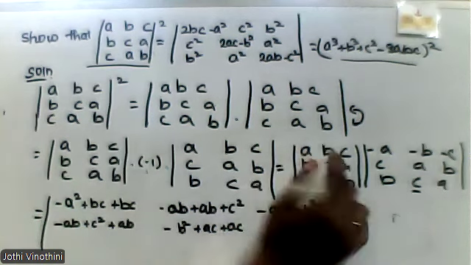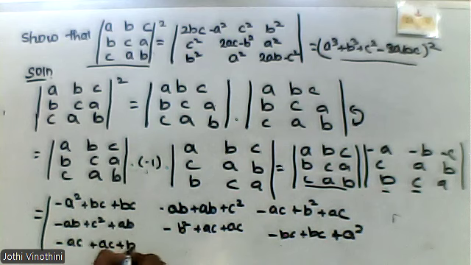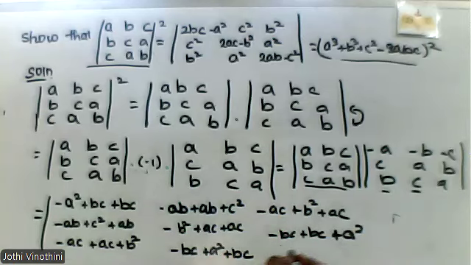Now we do this with the first column: minus AC plus AC plus B squared; minus BC plus A squared plus BC; and minus C squared plus AB plus AB. Clear?